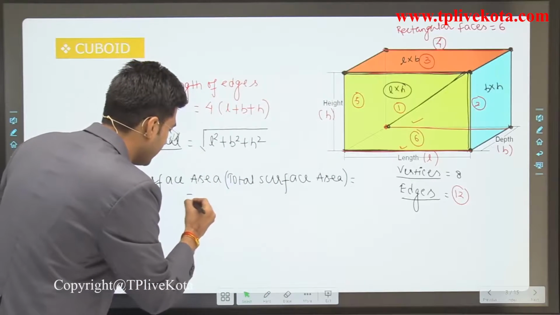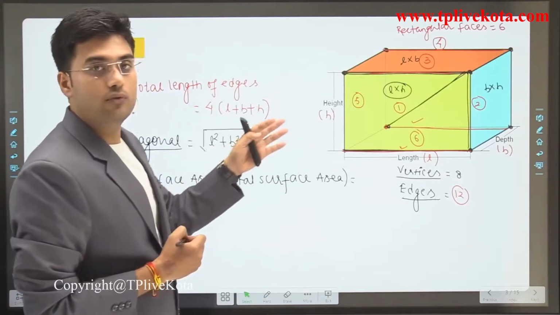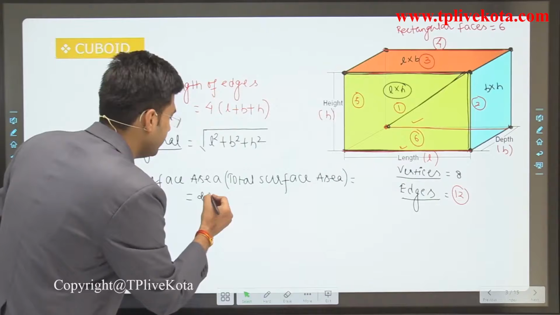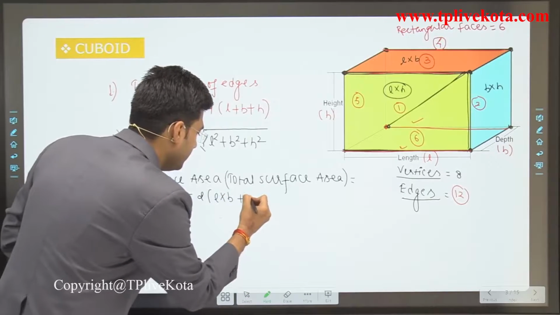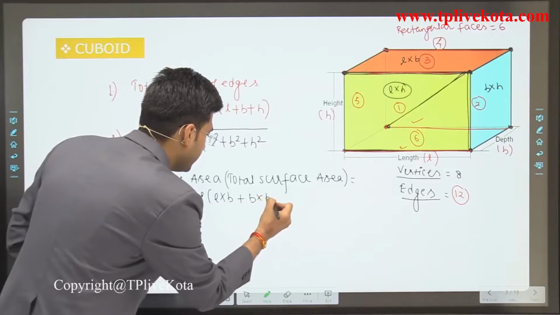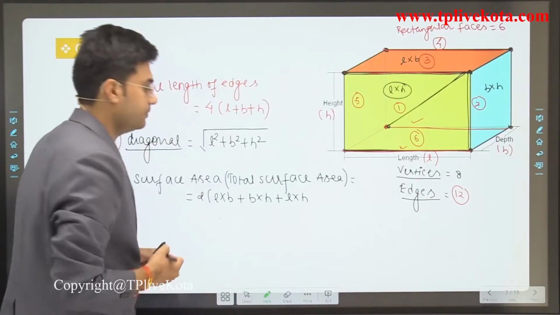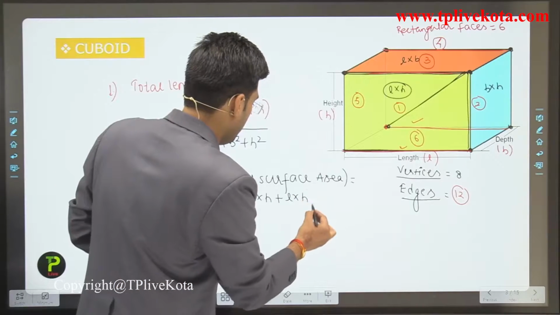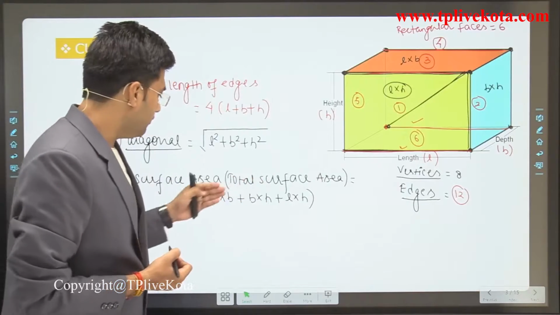So we can say that the total surface area is nothing but the summation of the surface area of all the faces. So it is equal to 2 times of L multiplied by B plus B multiplied by H plus L multiplied by H. Clear? So this is the total surface area of a cuboid.